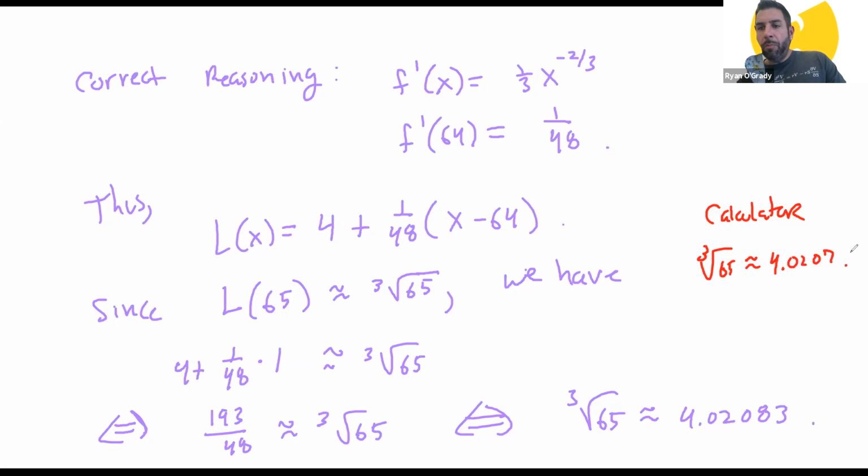You'll see that our approximation is actually better than we got from the wrong one, and it's actually more indicative of what it should be. We should expect our approximation to be an overestimate because the actual curve is concave down, which means the tangent line has to be above it.